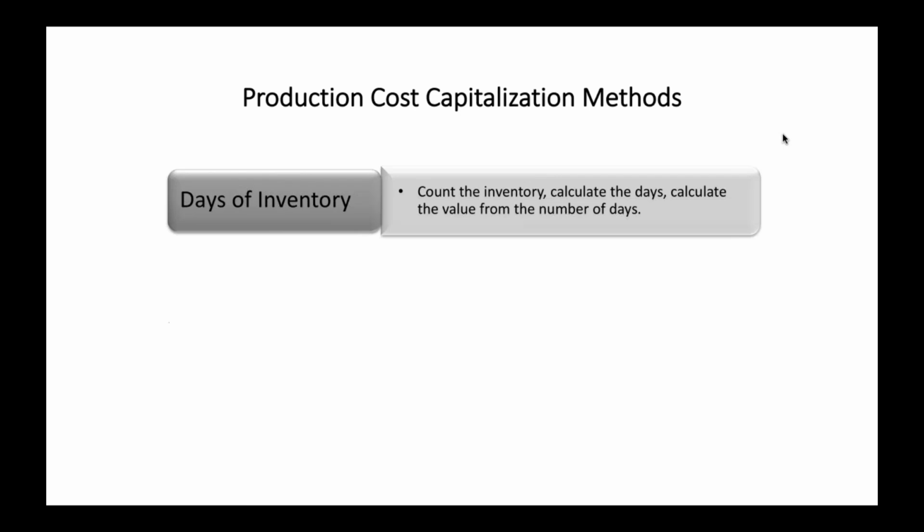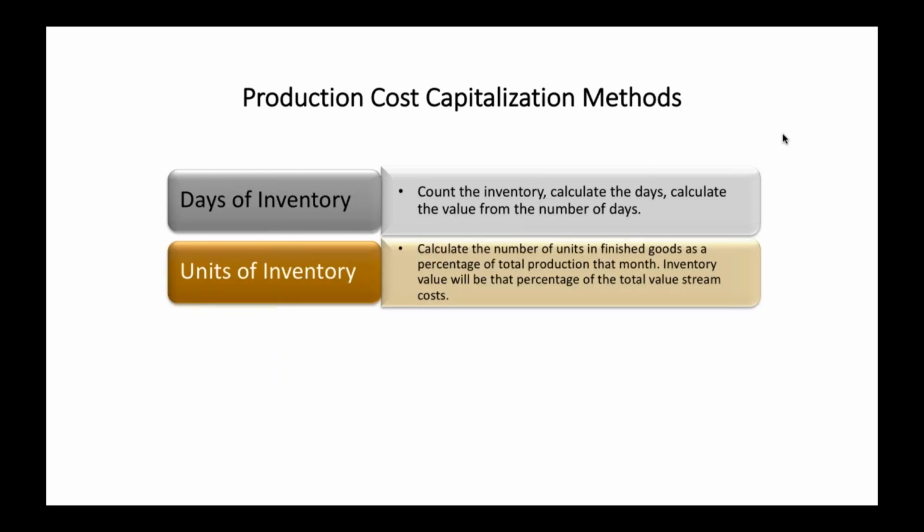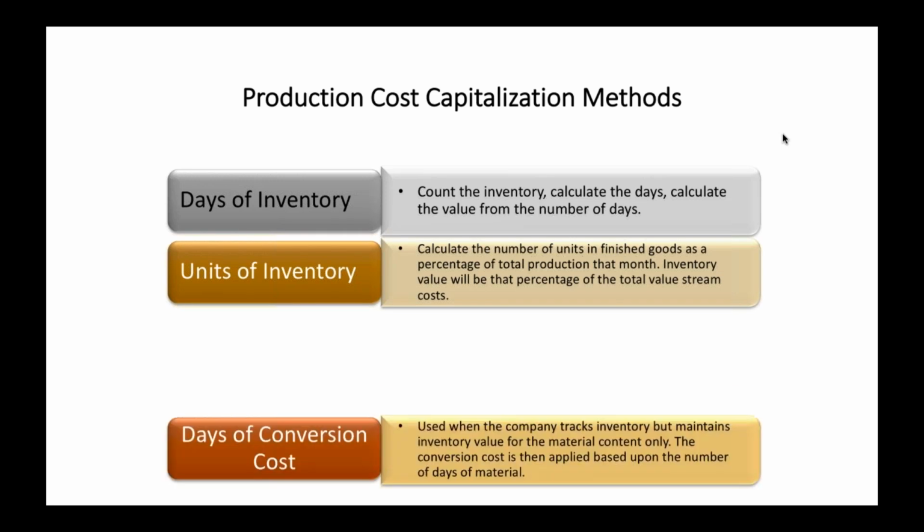So let's talk about the different methods of capitalizing production costs. One is a days of inventory method, where you count the inventory, calculate the days, and then you use the ratio of the days to calculate value. You can also use the ratio of units to calculate the value.